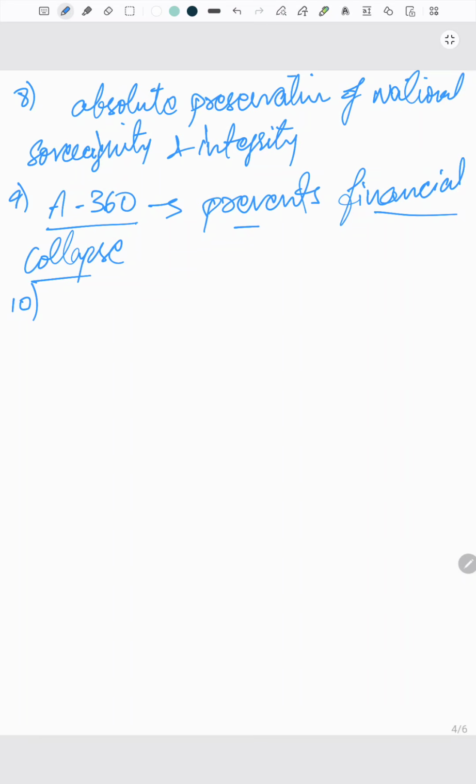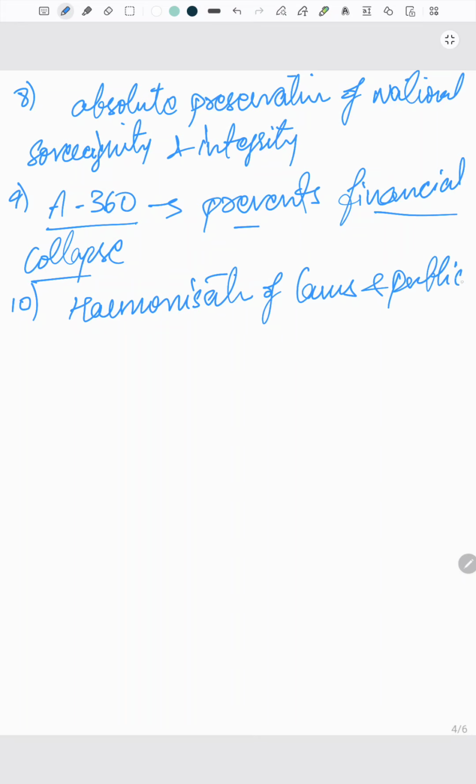Then the last point is that it helps in better harmonization of laws and public safety during crisis situation.